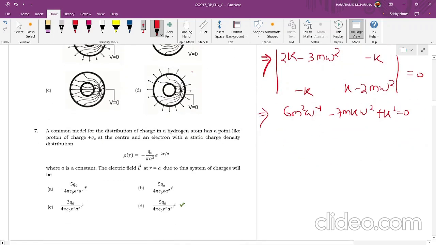And now we use the quadratic formula, the Sridharacharya formula. By solving this equation, you get minus b plus or minus the root of b square minus 4ac, divided by 2a. You know the formula, right?